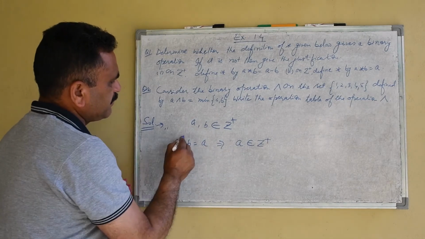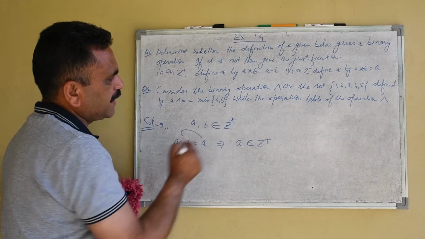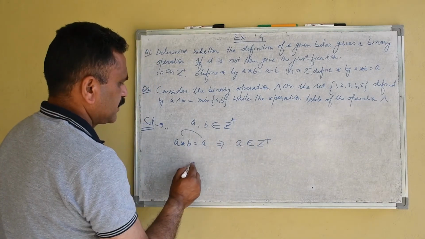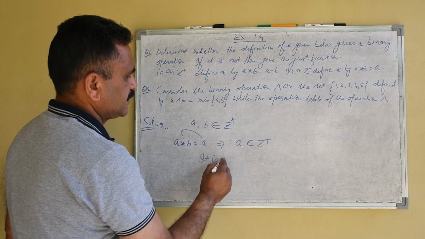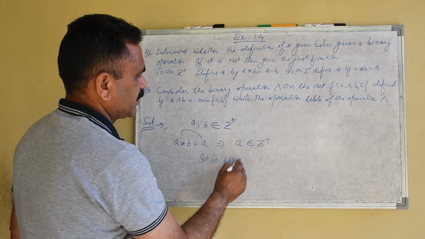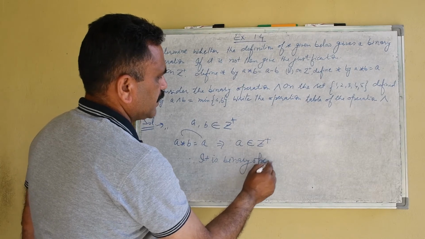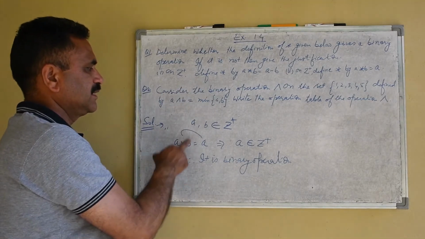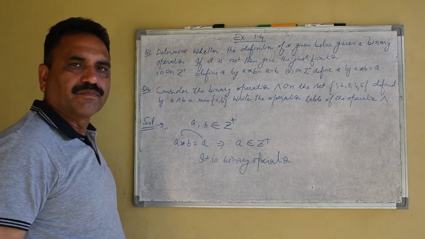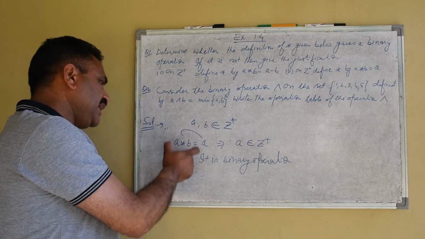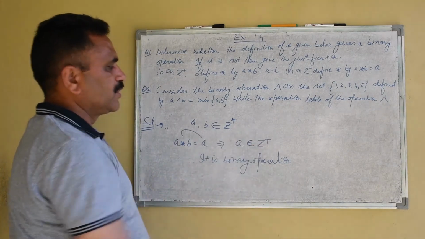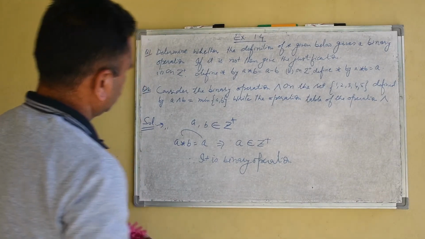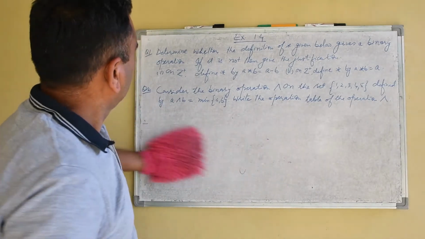If we are getting the same element, and we have already seen that a and b belong to Z plus, then obviously a will belong to Z plus. Therefore, it is a binary operation, because this satisfies the condition that if a, b belong to the given set and a star b again belongs to the given set, then this is known as a binary operation. So we have done it now.